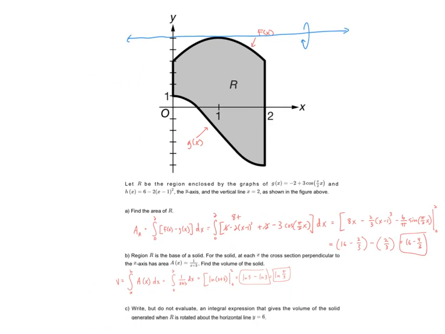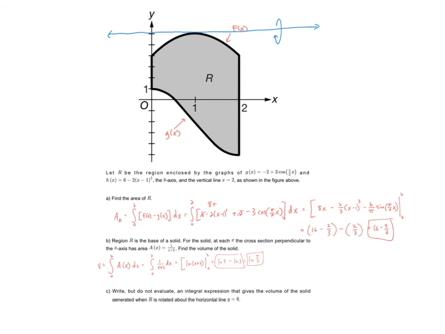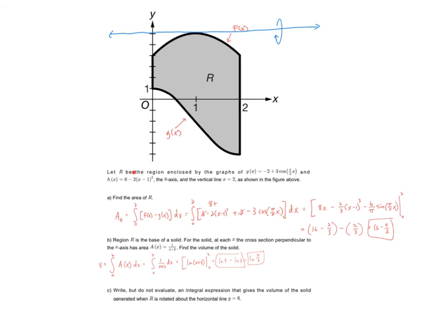Keep in mind when we do this, in our integral we don't have to use... I just realized, I've been calling this top one f of x. It doesn't really matter, but that should be h of x.